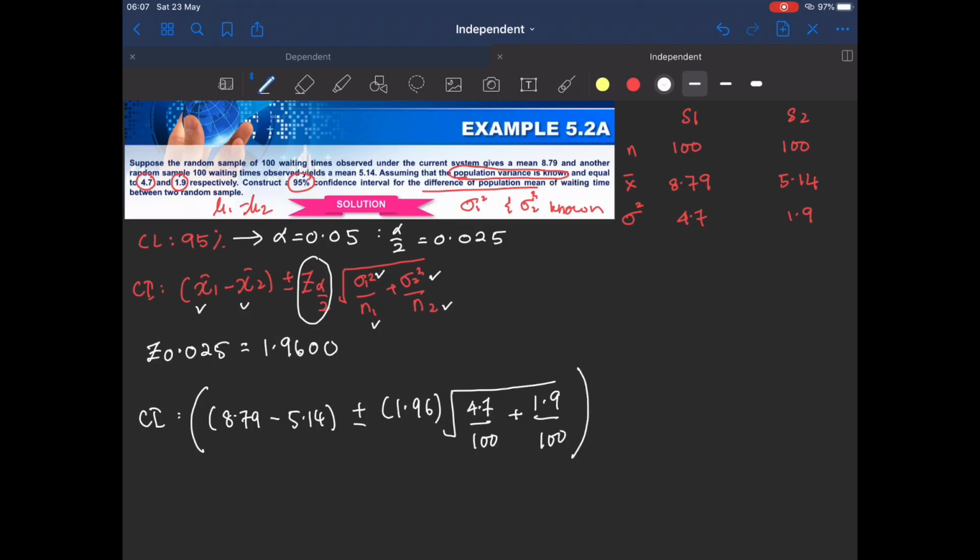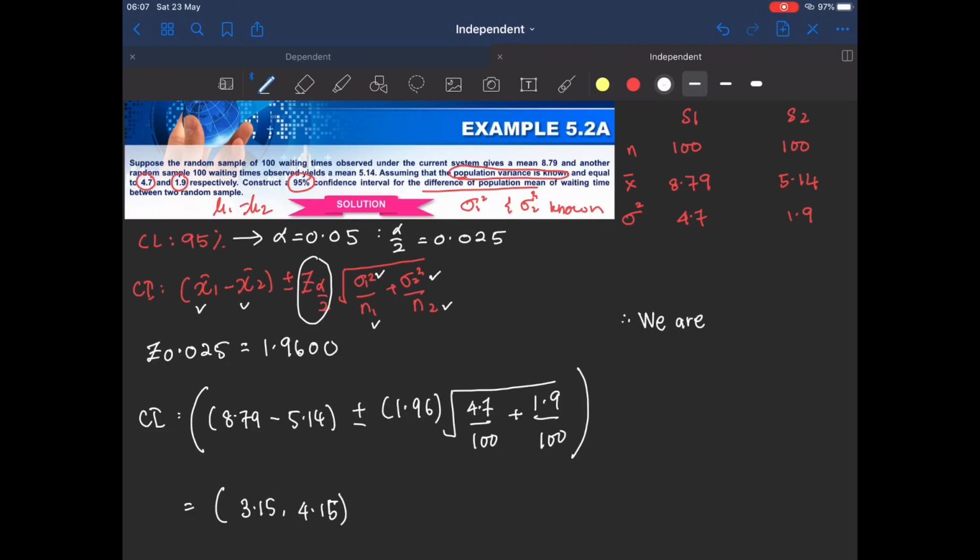So you have to put it into your calculator and the answer will be 3.15, your lower boundary, and 4.15, your upper boundary. And then don't forget to interpret.